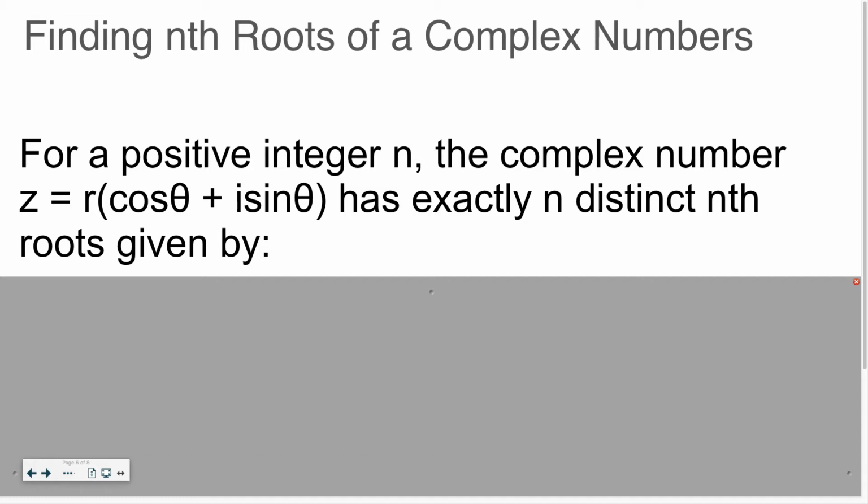For any number, there are exactly n nth roots. So if I am asking you for fifth roots, there are 5 of them. If I'm asking you for square roots, there are 2 of them. If I'm asking you for fourth roots, there are 4 of them. You've never really known this because we haven't really gone in depth with complex numbers.